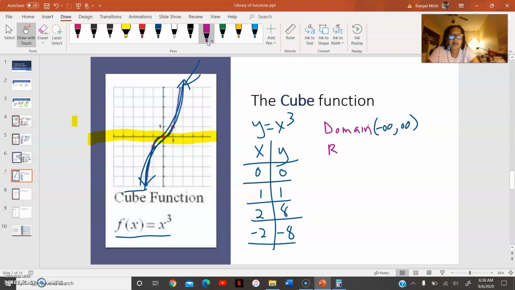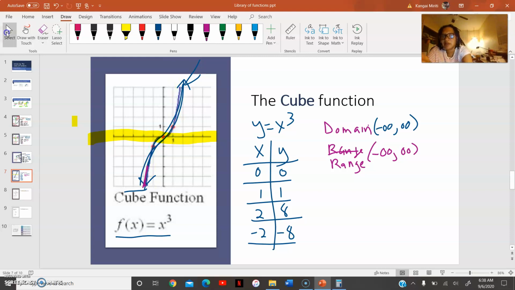And the range of this function, how low does it go? Forever low, negative infinity to positive infinity. Sorry, that range word looks terrible. I can write it a little better. Range.